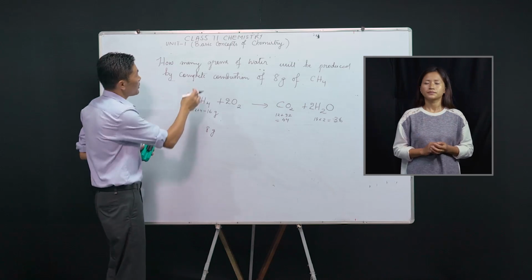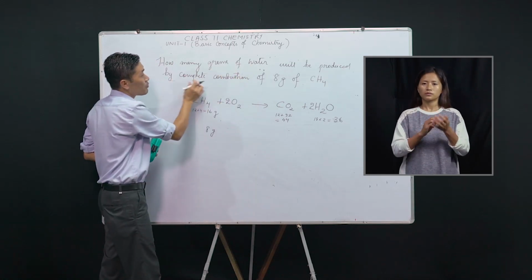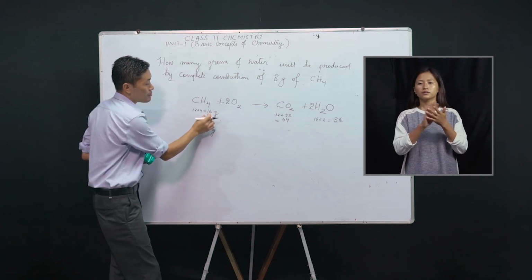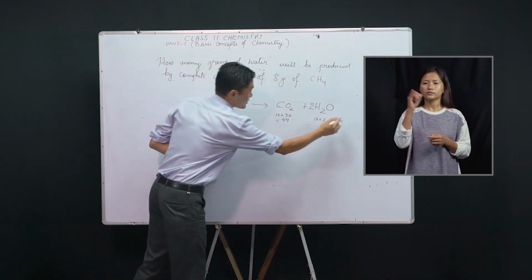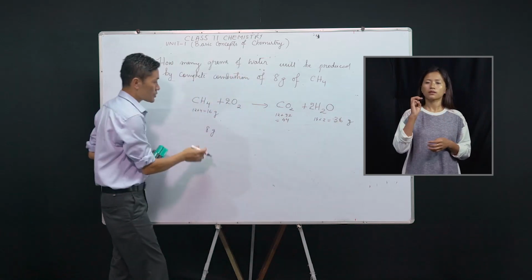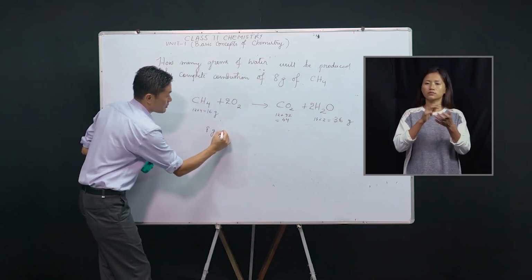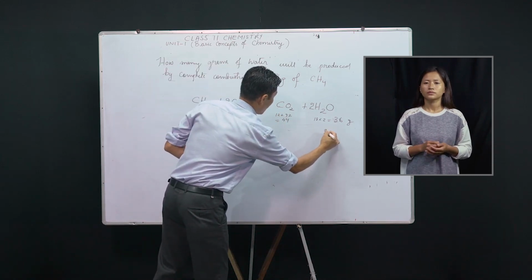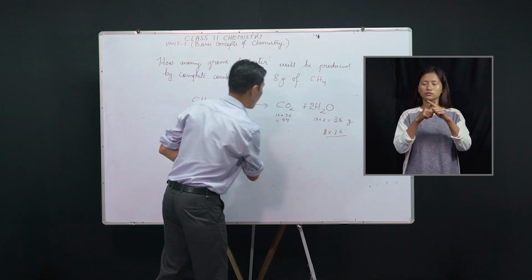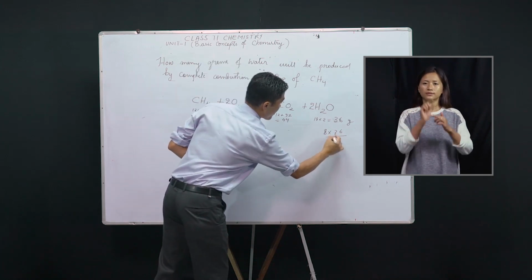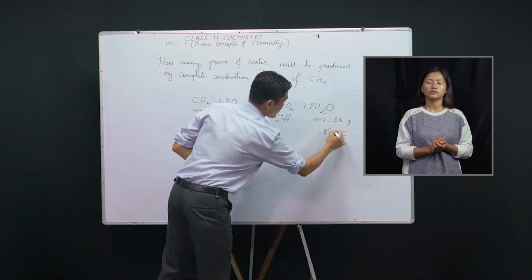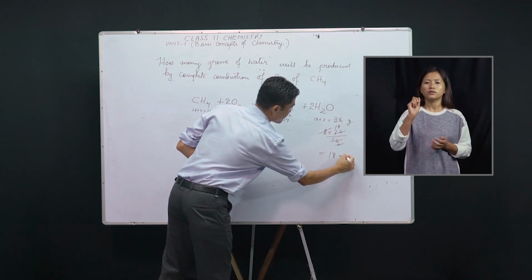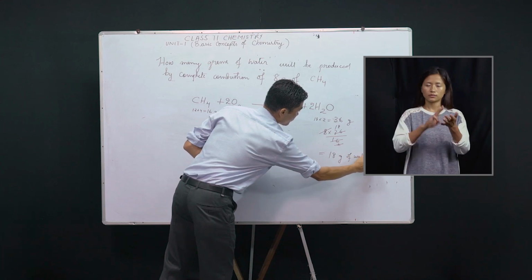So how many grams of water will be produced by complete combustion of 8 gram of methane? 16 gram of methane gives us 36 gram of water. So 8 gram of methane should give us 8 into 36 divided by 16. So we will get 18 gram of water.